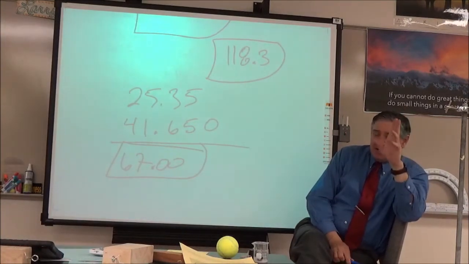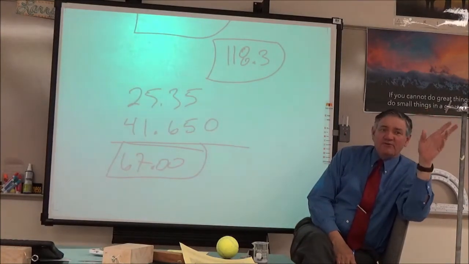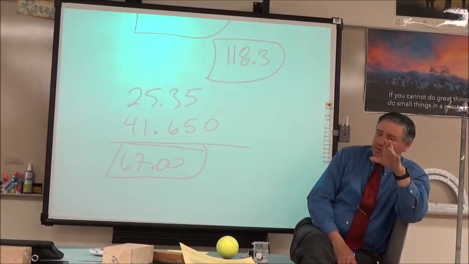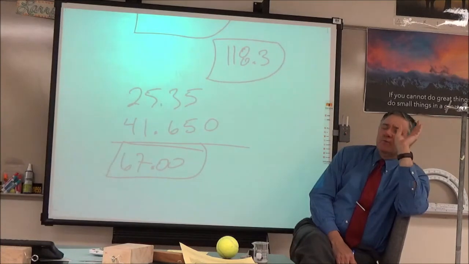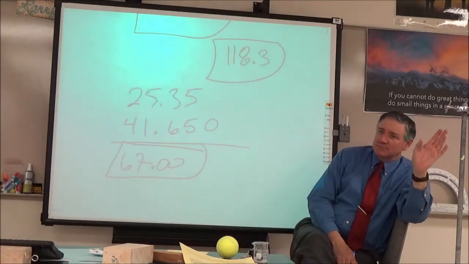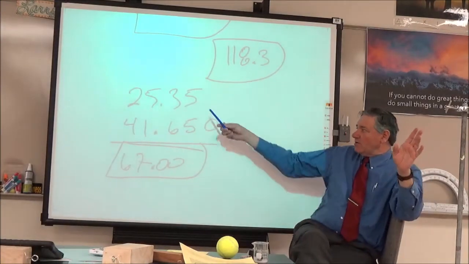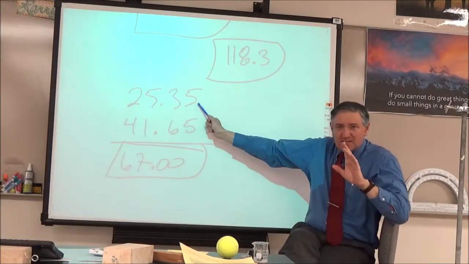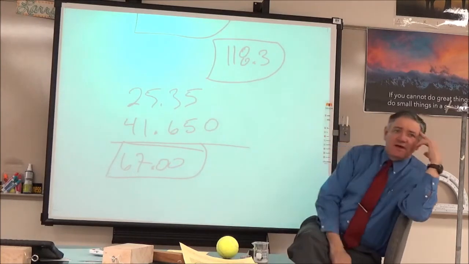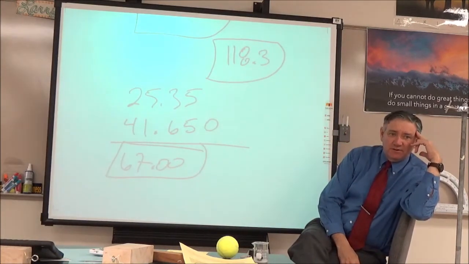That's why I'm telling you, zeros will give you more fits than anything else. But if you just remember, when you're adding or subtracting, it's the least precise place value. So in this case, my least precise place value is to the hundredths. That's why I have to write that answer as 67.00. Okay?